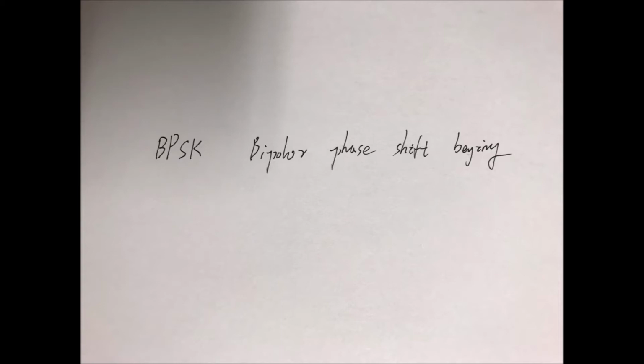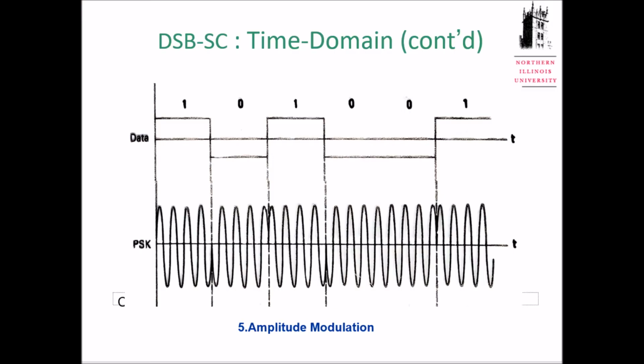Phase shift keying, PSK, we consider the simplest one in digital communication. And if you want to carry more information in a single waveform, you can have more phases.